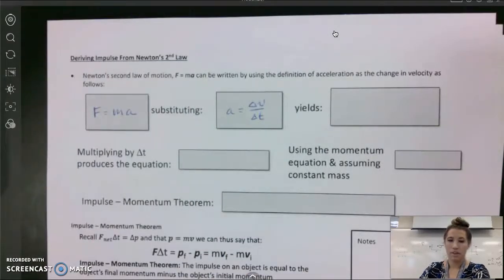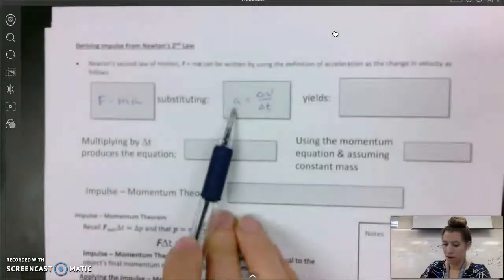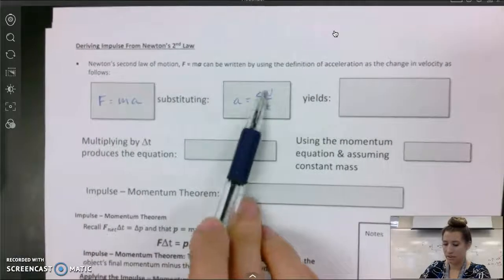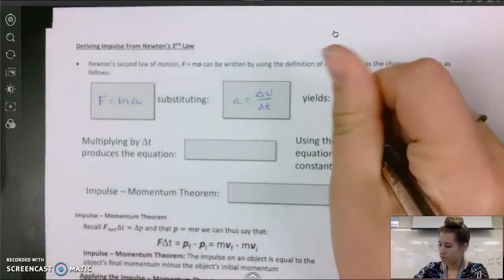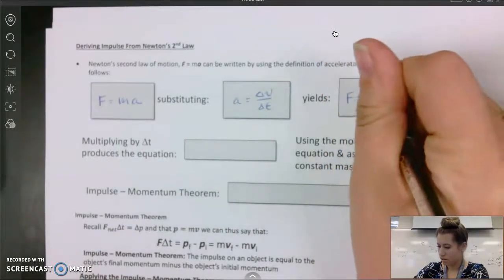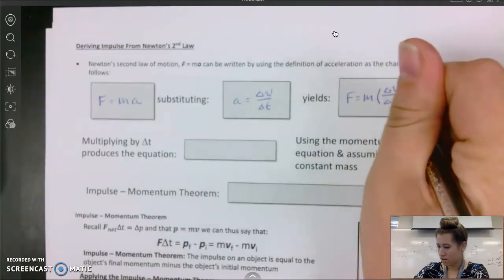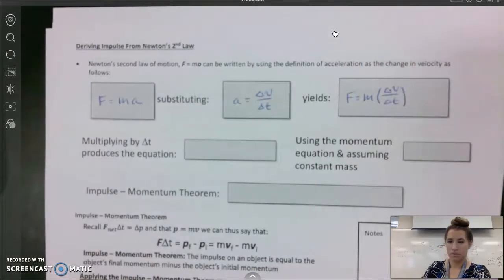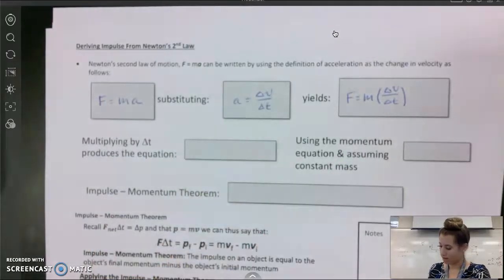Okay, so let's substitute a into there. We're going to take what we have here and we'll plug it in for a. So that'll be force is equal to mass multiplied by delta v over delta t. Okay, so we just took our a component and we knew what a equaled and we plugged that in.